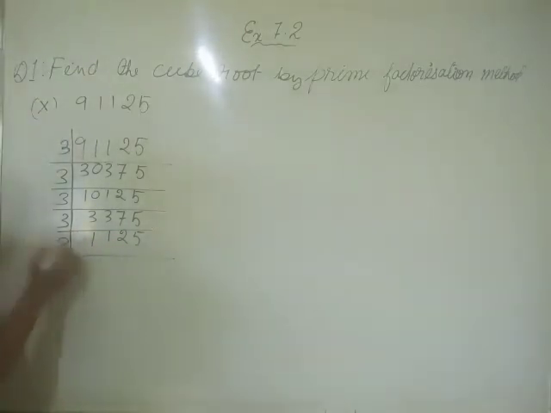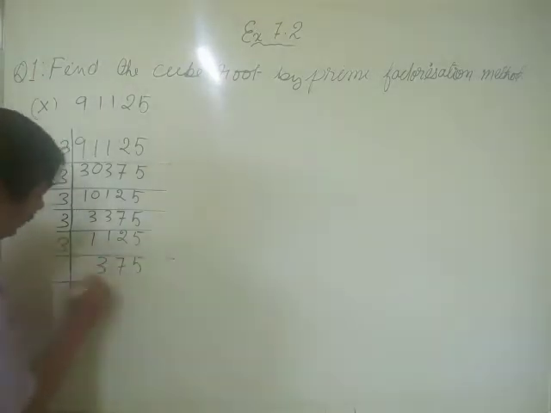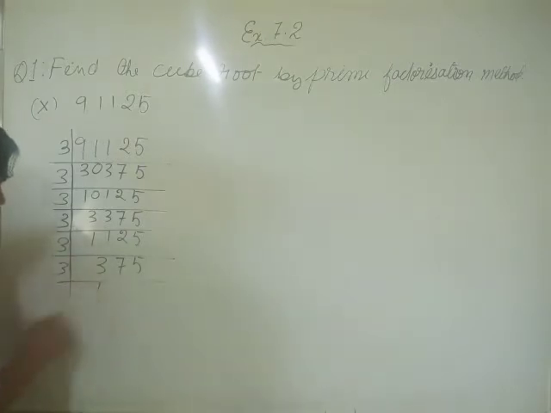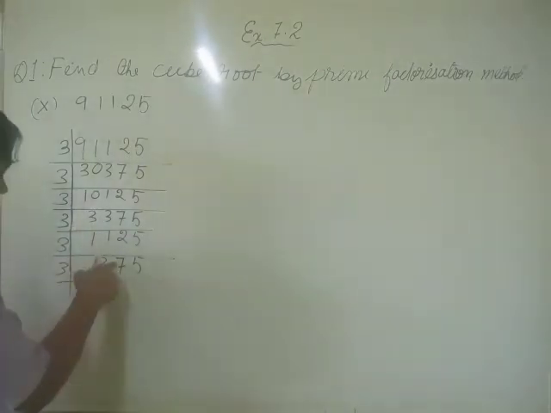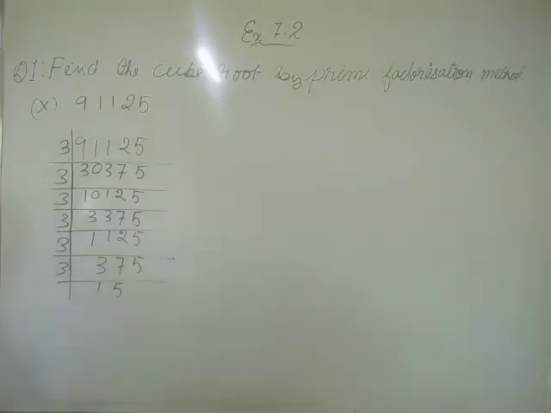3 3s are 9, 2, 7, 5. Now still we can continue with 3, 3 1, then 3 1 here. Then 3 7s, 3 5s are 15, then 3 2s are 6, 3 5s are 15.